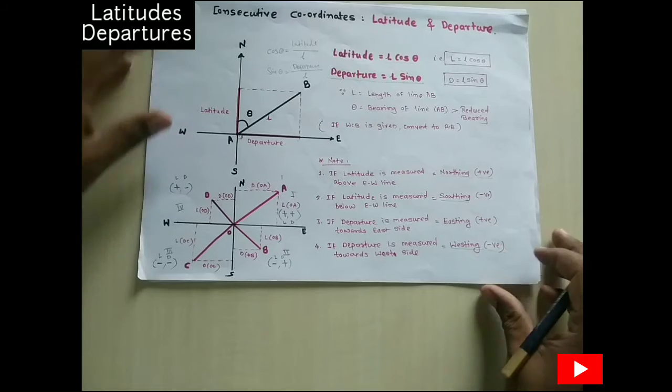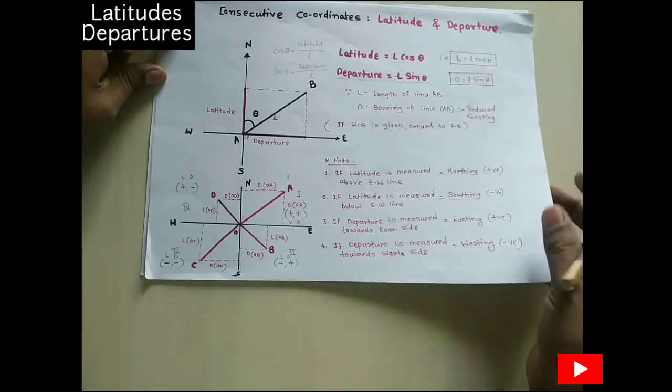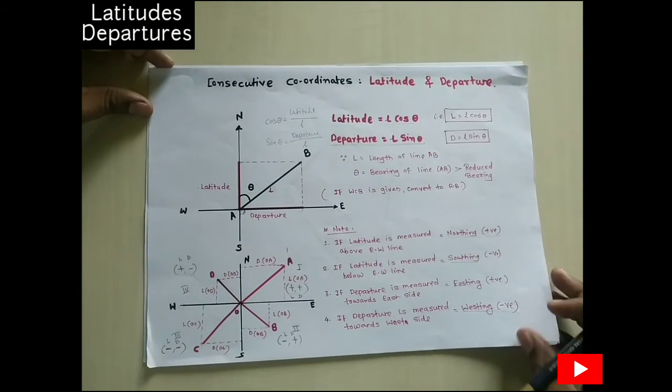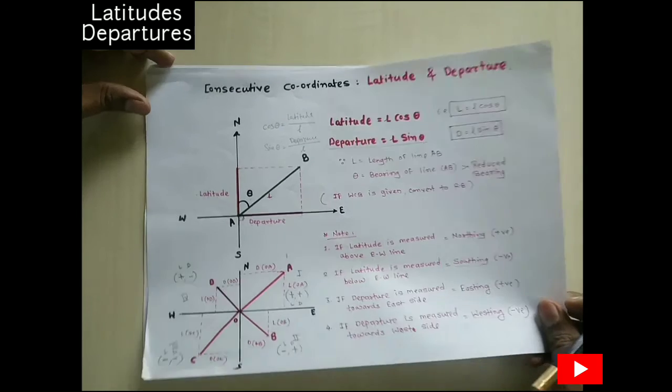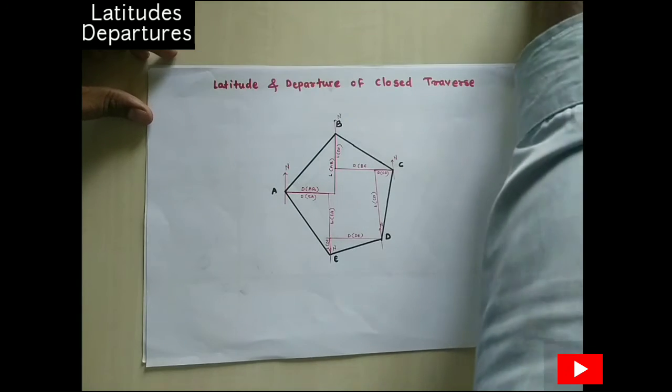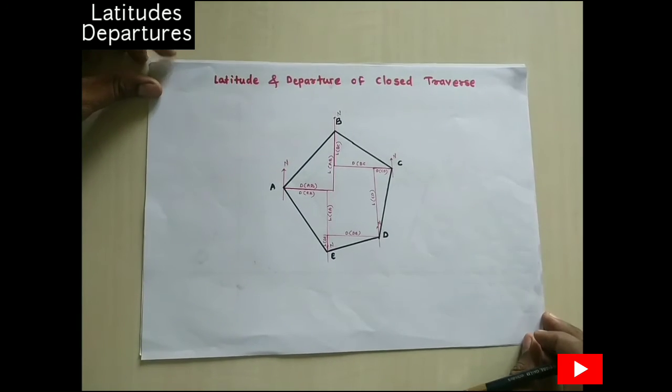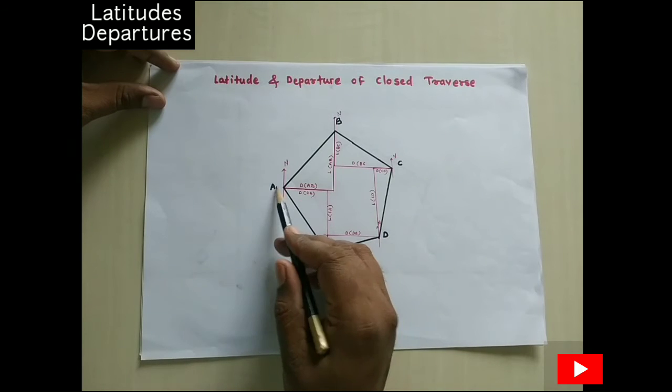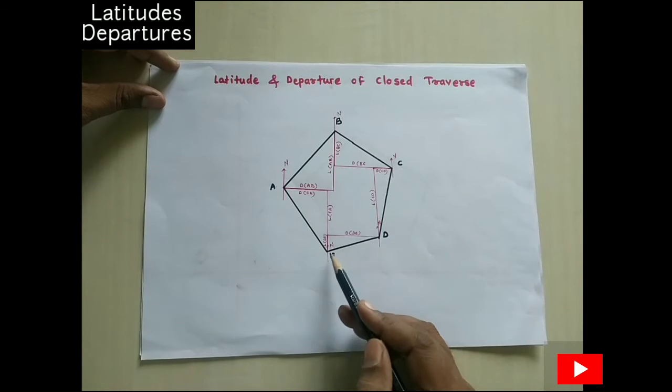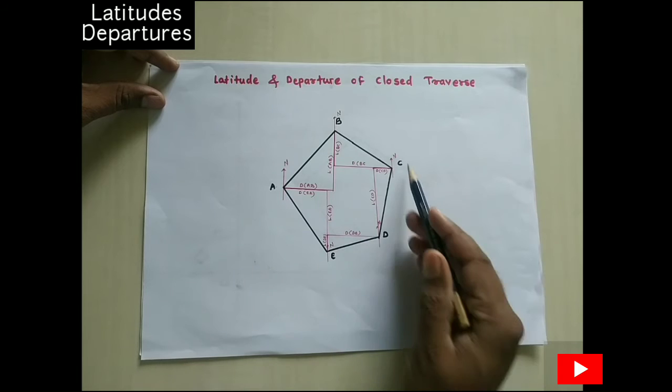If a closed traverse is given in the problem, how will you find the latitude? Here I will show you the important thing. This is A, B, C, D, E, A, a closed traverse.